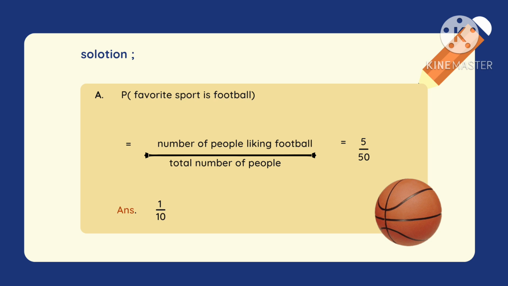Consider the information in the table. There are 5 people who like football. Total number of people is 50. So the probability that the favorite sport is football equals 5/50. We can reduce it to lowest terms. So the answer to this example is 1/10.